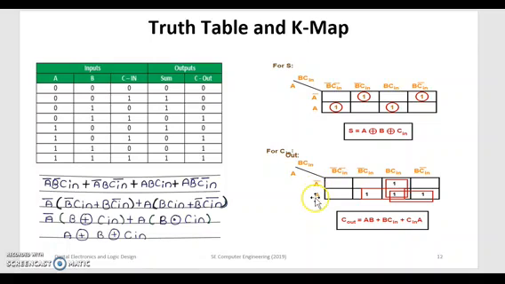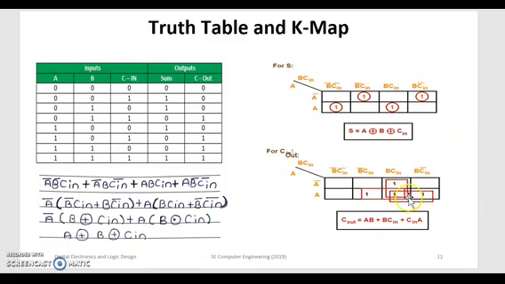So A and A bar, 0 and 1 will get cancelled, and we'll see only this column numbers which are having b and c in. So for this vertical group the term will be b c in. For this horizontal one we will have this a, and from this b bar c in and b c in, b bar and b will get cancelled and c in will be there, so it is a c in.